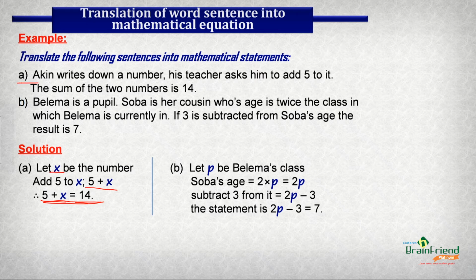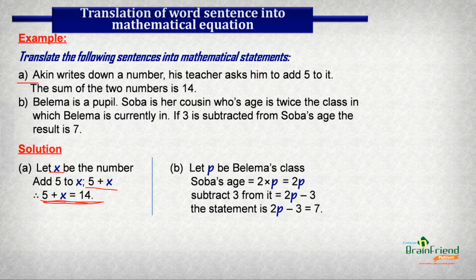To the next example, it says, Belema is a pupil. Soba is her cousin, whose age is twice the class in which Belema is currently in. If 3 is subtracted from Soba's age, the result is 7.